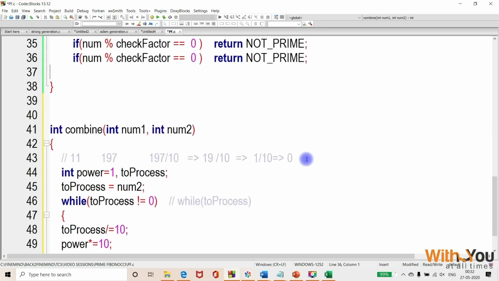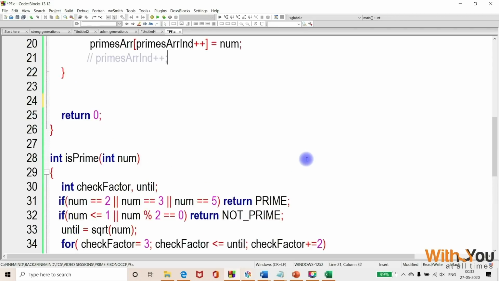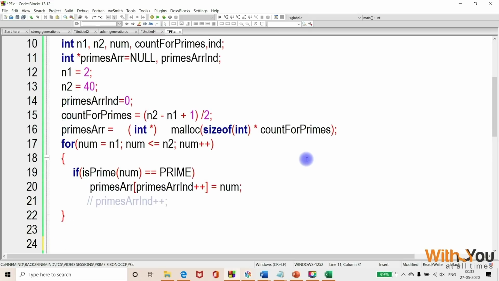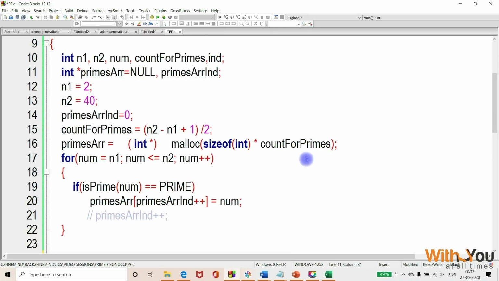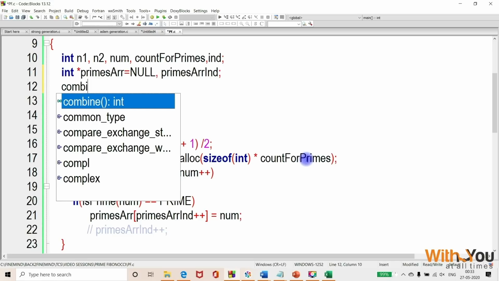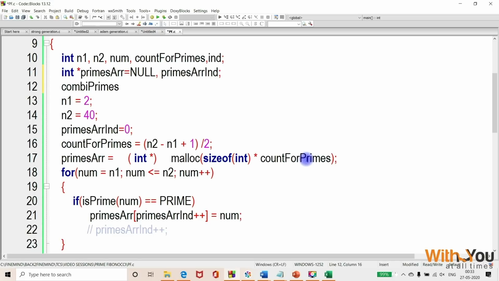Cool. Then let's go back and do this little task of making memory allocation and then over. So let's just have one more. This is primes ARR. I'm going to have one more called combi primes ARR. Do you know the size?